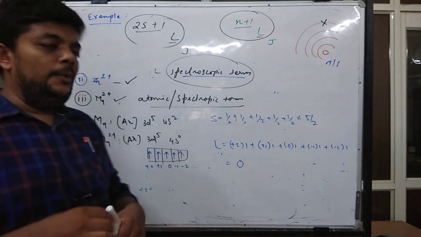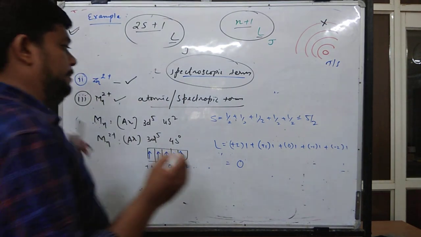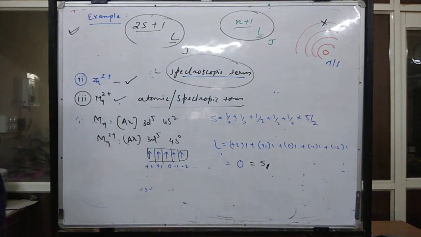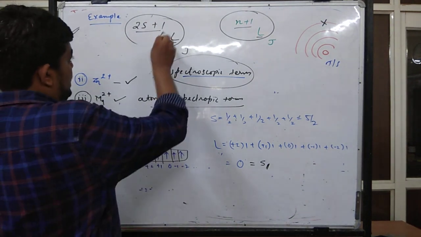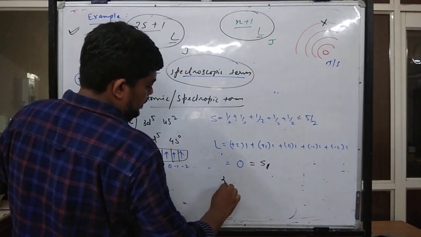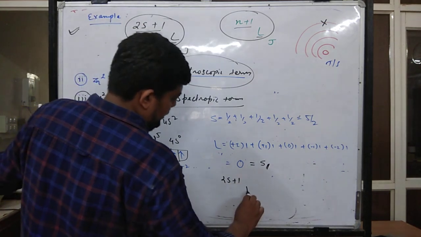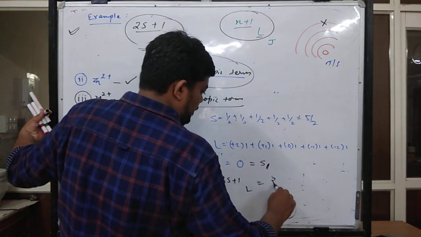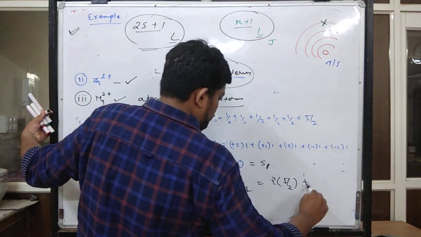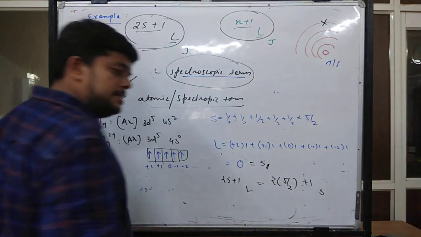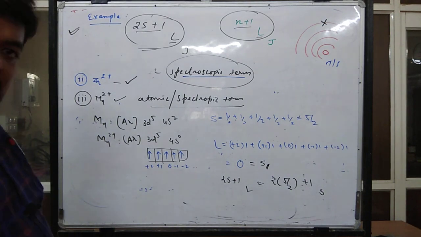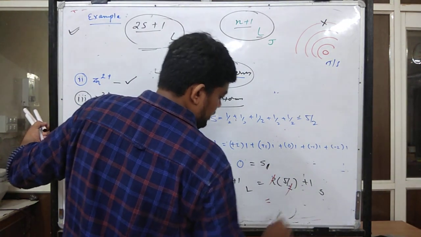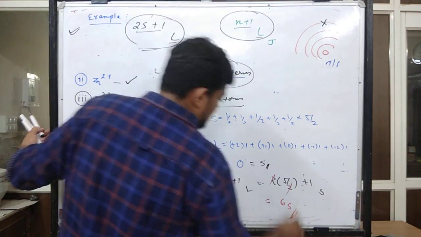And when it comes 0, be crystal clear that you are talking about the corresponding value S. And now I am just inserting it over here, 2S plus 1 and L. As of now, no J. So I will very clearly mention over here 2 into 5/2 plus 1, S. And now while solving this, it will be very clear for me that it would be 6S. So this is how it works.